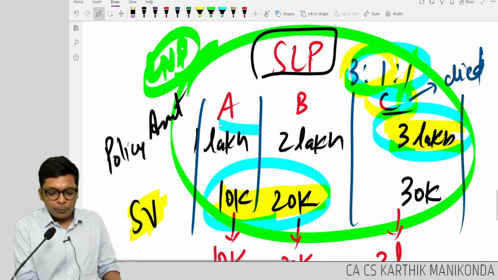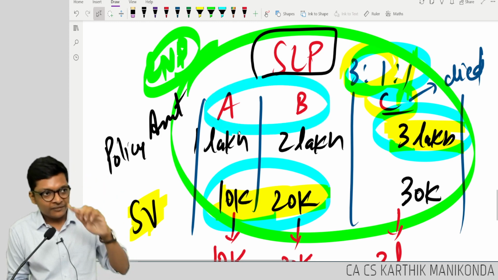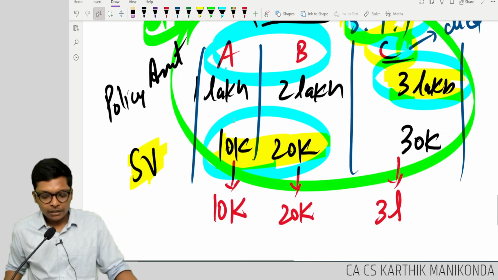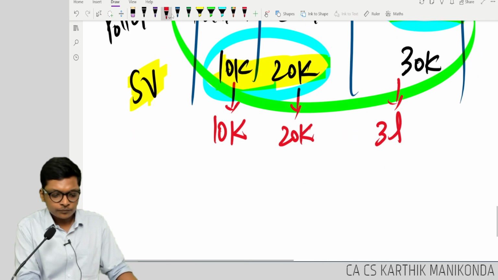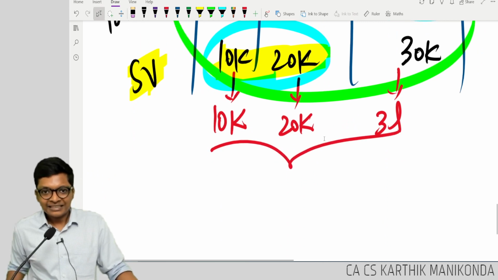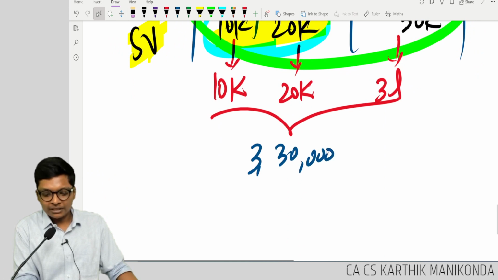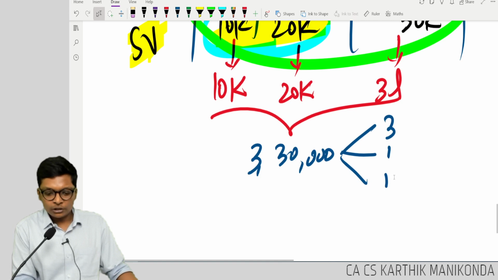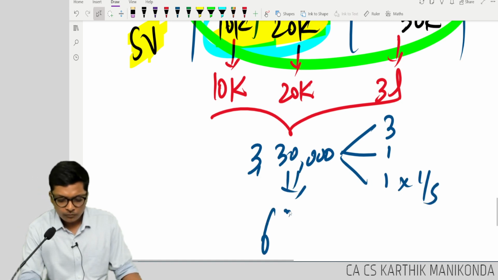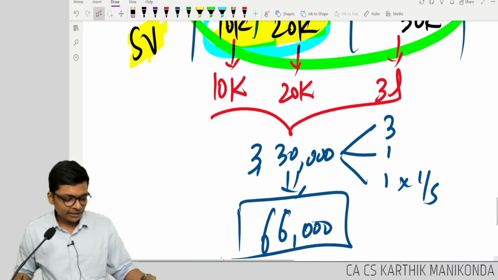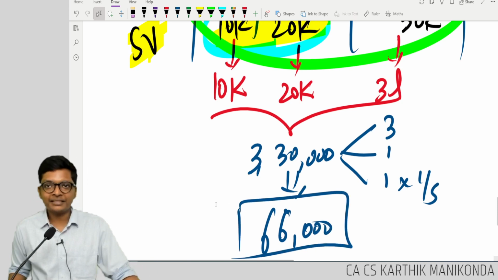The policies of A and B can continue in the future, but in the new ratio between A and B. So what is the total gain here? 10,000, 20,000 and 3 lakhs. How much has come in? 3 lakh 30,000. This will be shared in the ratio 3:1:1, that is 3 by 5. So C will get 66,000. Correct? Are you following, guys?